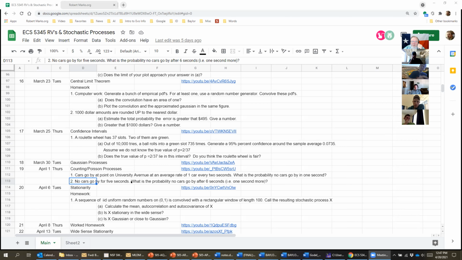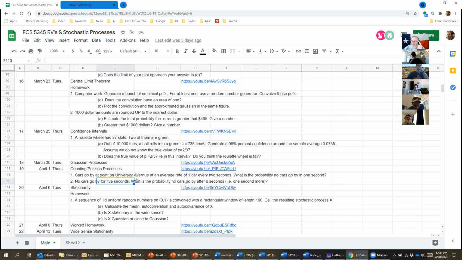The way that this is worded, what I meant it to do is, what is the probability that no cars go by after 6 seconds given, not and, but given that there's been no cars in the first 5 seconds? Yeah, I wanted a conditional probability here. Did anybody try that way?